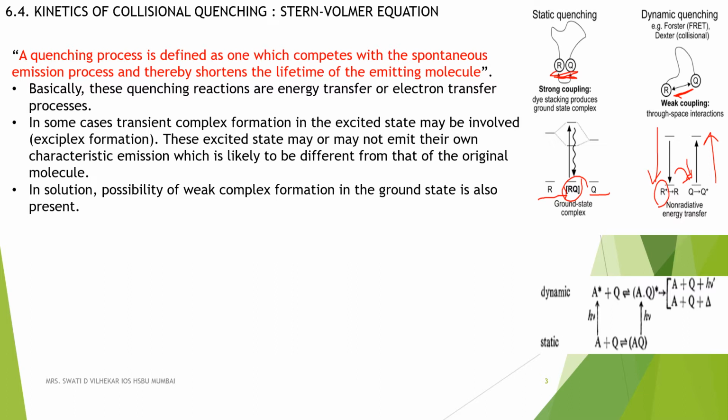What will happen? The quencher will come inside the solvent cage, and there will be the formation of a ground state complex. The fluorophore, given here as R, and the quencher, Q, will combine together and form an RQ complex.